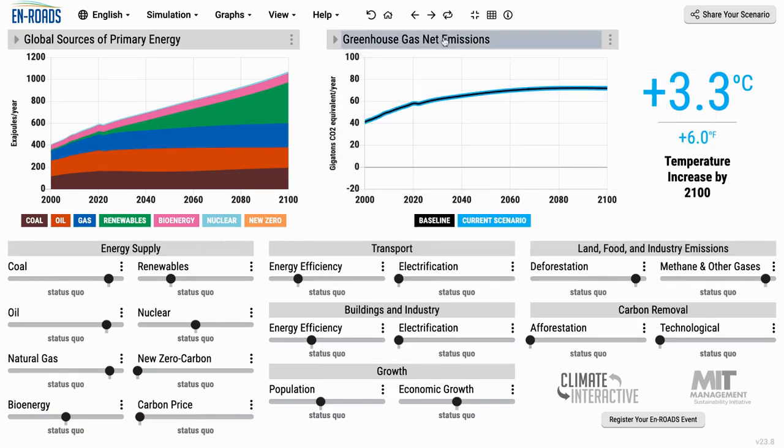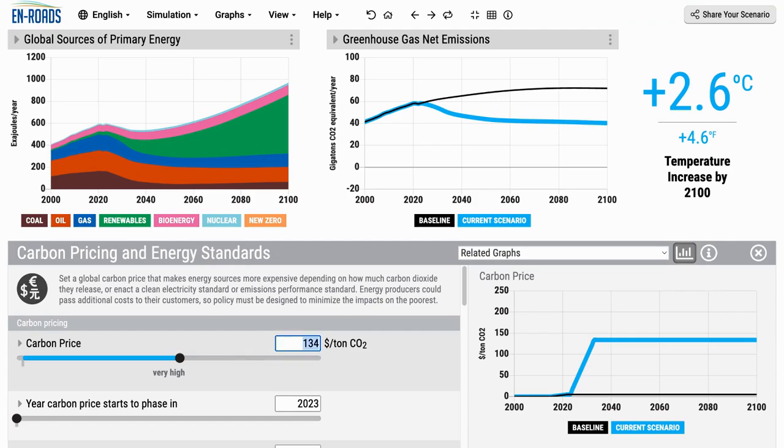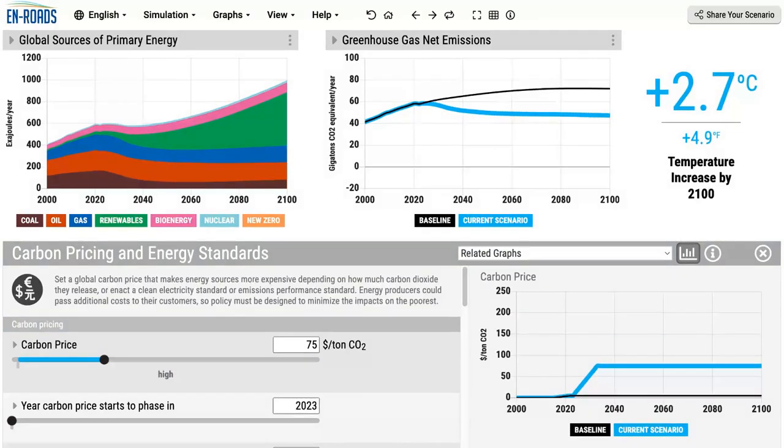A more advanced user may not want to just set a general carbon price, but could click on the 3 dots and explore a more specific one, say $75. Could enter that here.